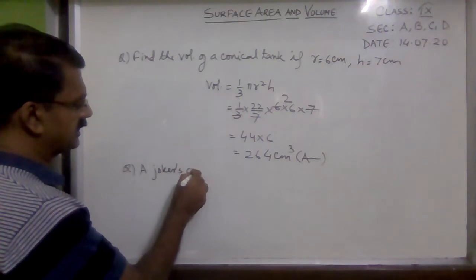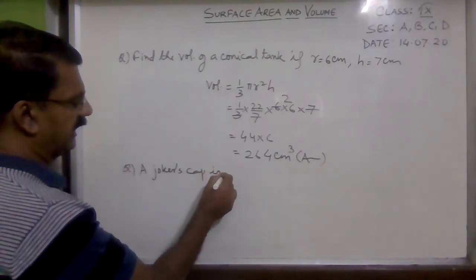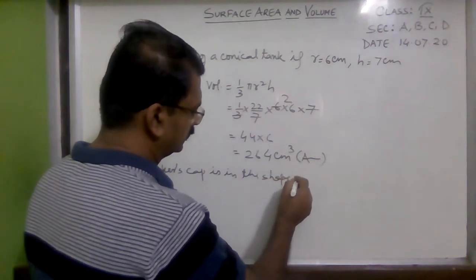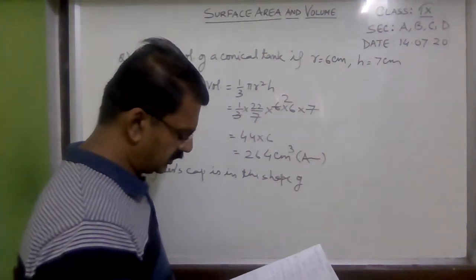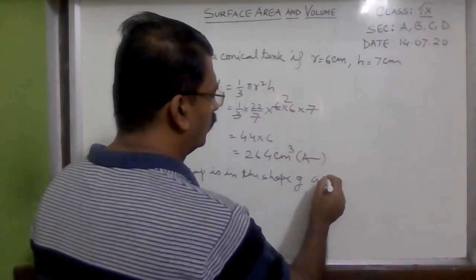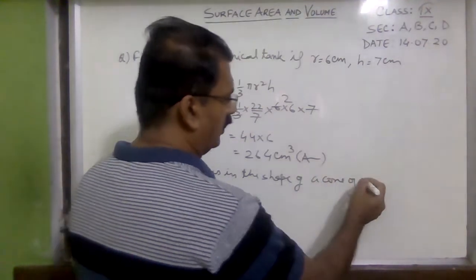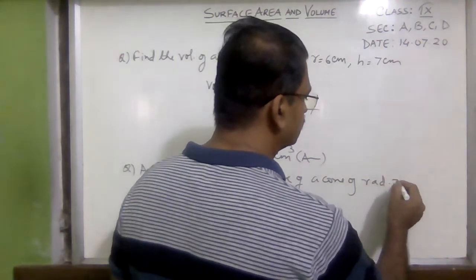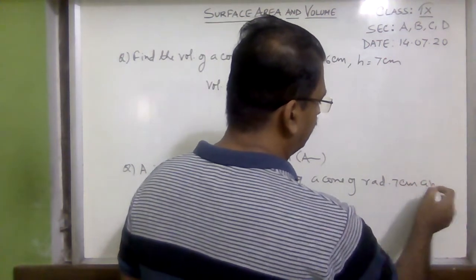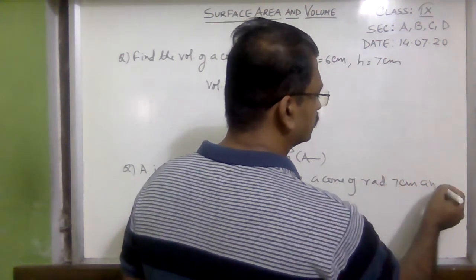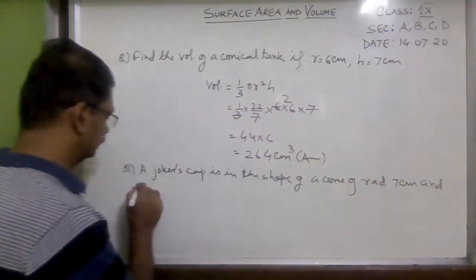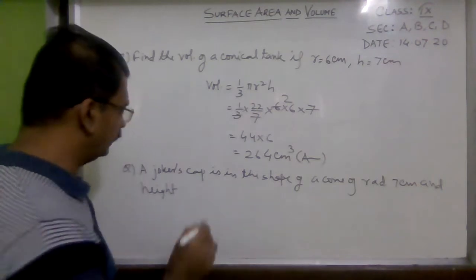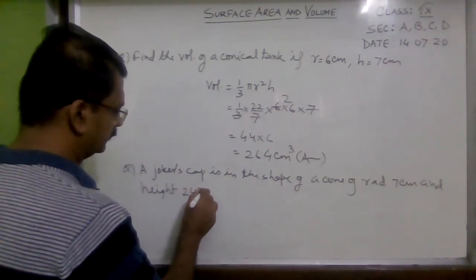A joker's cap is in the shape of a cone of radius 7 centimeter and height 24 centimeter.